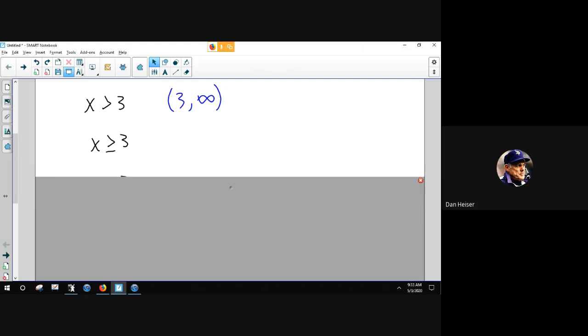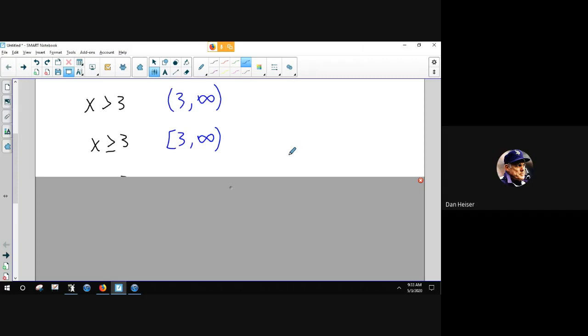Here's another example. Now we have x is greater than or equal to 3. Because x can equal 3, it's now a bracket. The bracket means x could equal 3. But it's still growing without an upper bound.